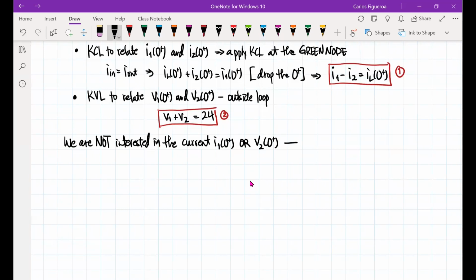So I'm going to convert these variables using Ohm's law, since they're all resistors.